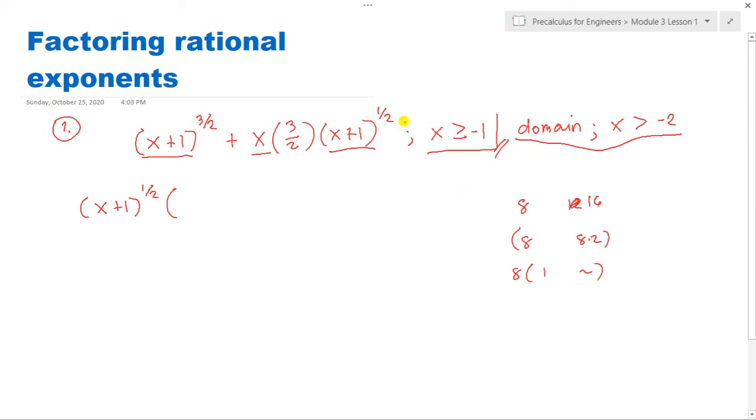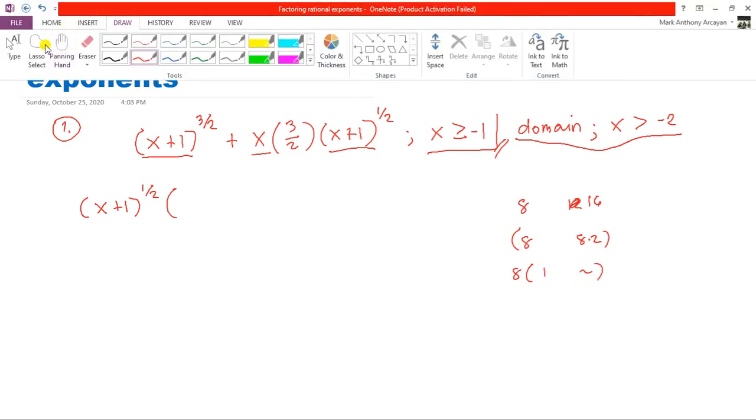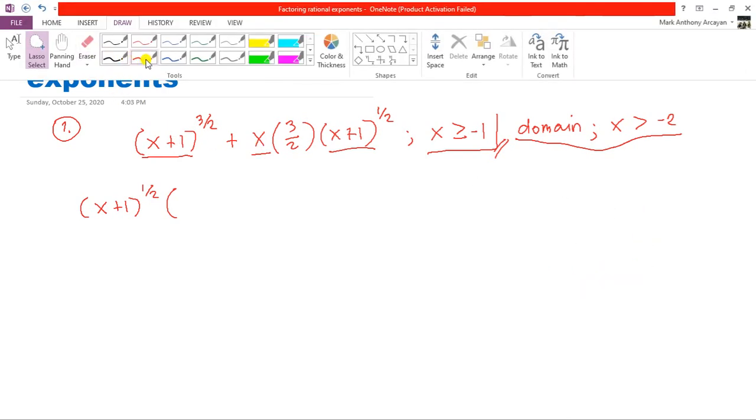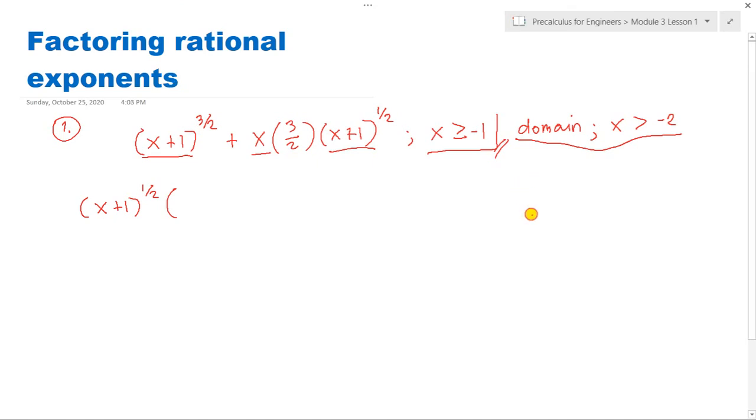Or let's say we have 2 squared times 2 cubed. So here they have the same base 2. So we can factor out 2.